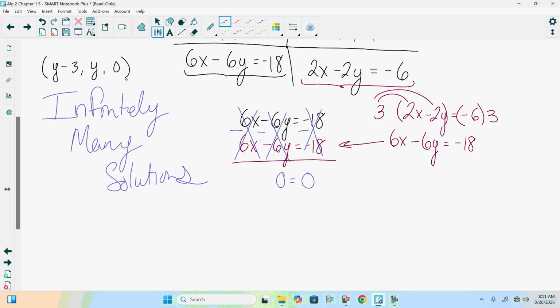So I could pick a value of y, plug it into y spots, simplify, and it would give me a solution that works in all three. That's why we're saying infinitely many, because any value y we can plug in there will give us a solution for the system.